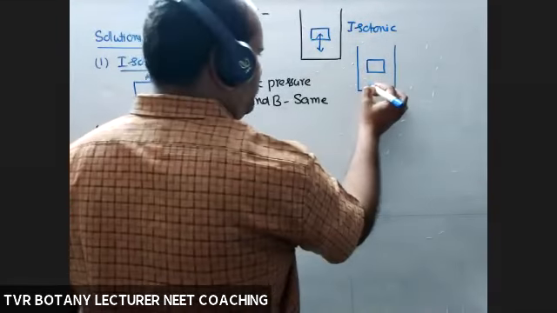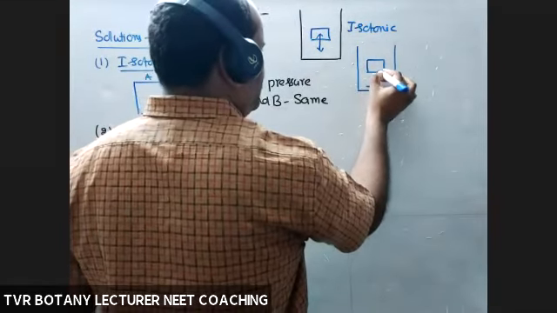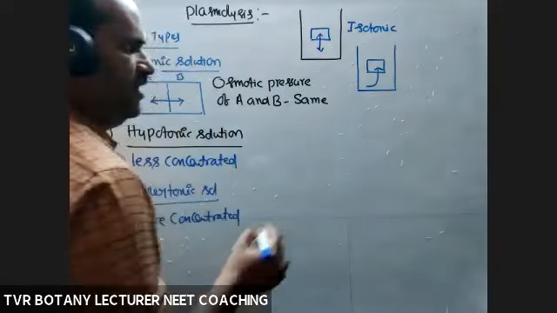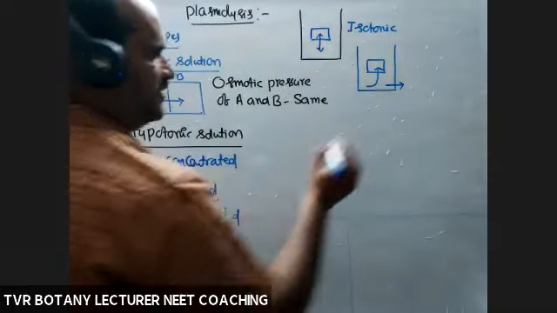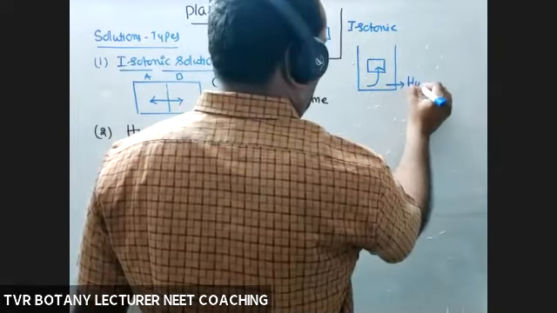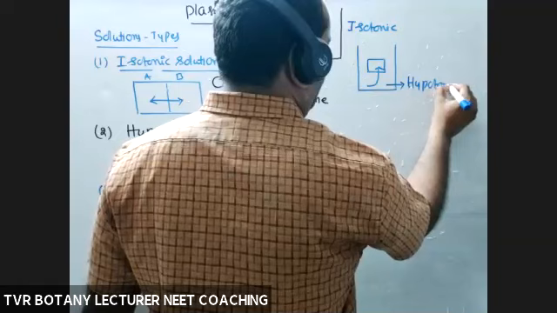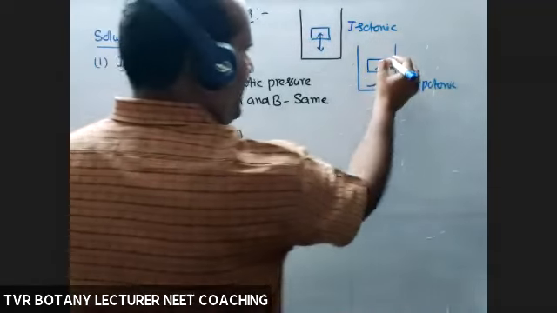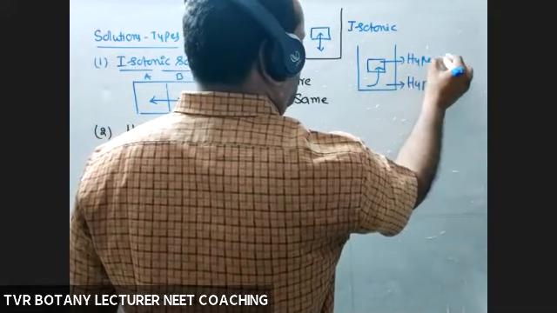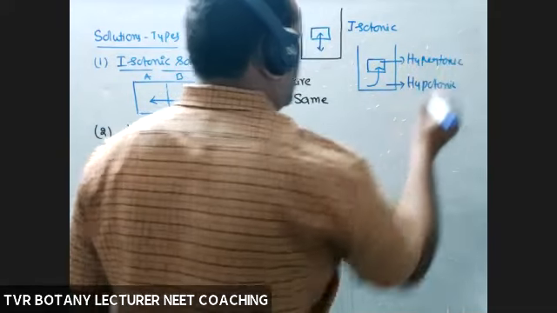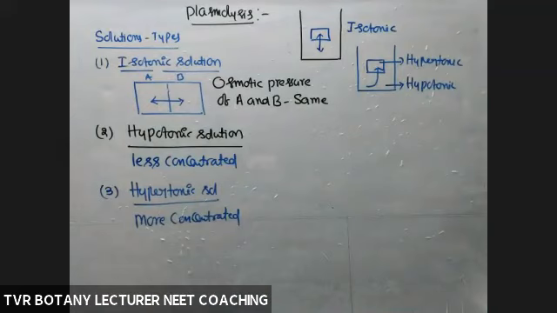If water is moving from beaker solution into cell, so what about a solution present in beaker is hypotonic, less concentrated. And what about the cytoplasm of the cell? Hypertonic. Hypertonic solutions are first able to take up water.